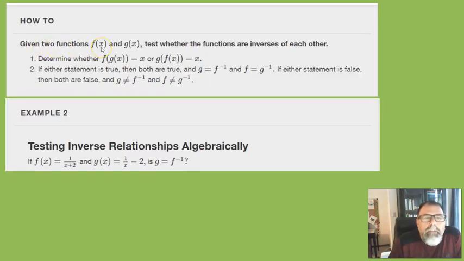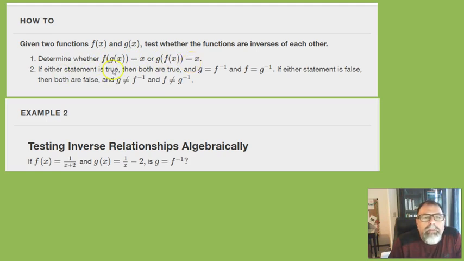Given two functions, f of x and g of x, test whether the functions are inverses of each other. So the technique is, first you determine whether f of g of x is equal to x, or g of f of x is equal to x.